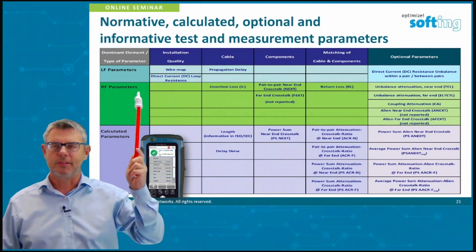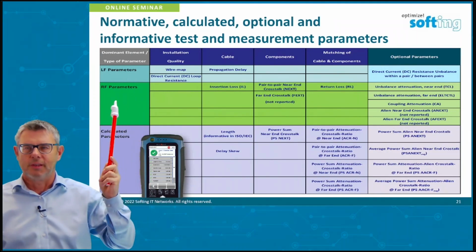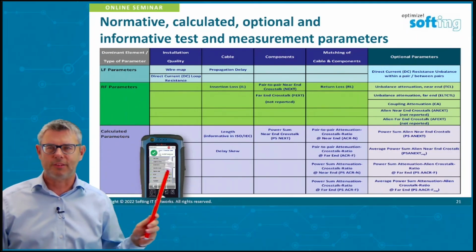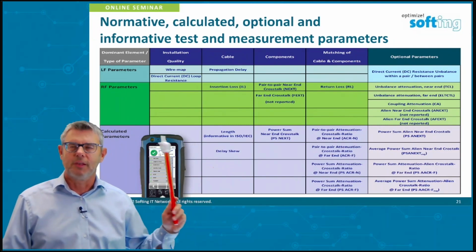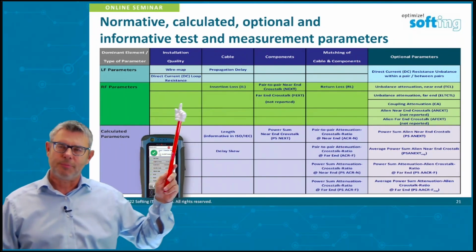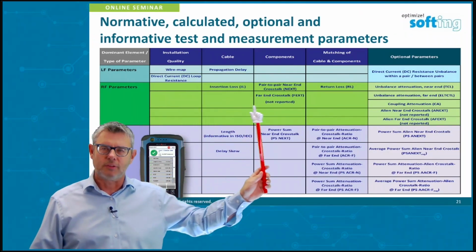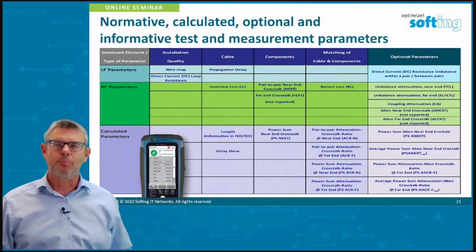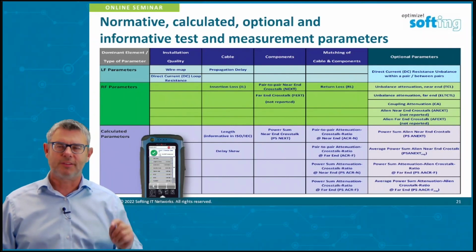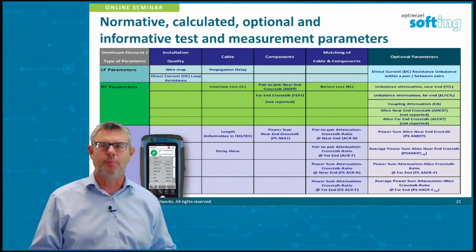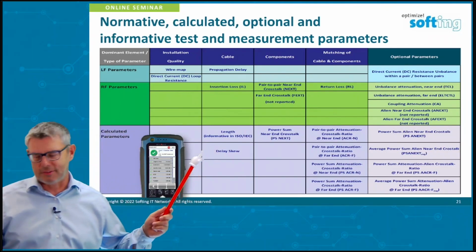We can group them into low frequency parameters, high frequency parameters, and calculated parameters based on measured parameters earlier. And if we look at the individual parameters again and try to group them and combine them with the component where these parameters are derived from or are influenced by, we get this matrix as you can see here.